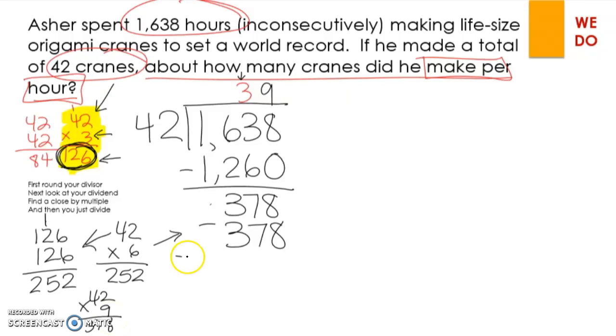You can check that math if you'd like. I'm going to have 0, and so my actual quotient is 39.